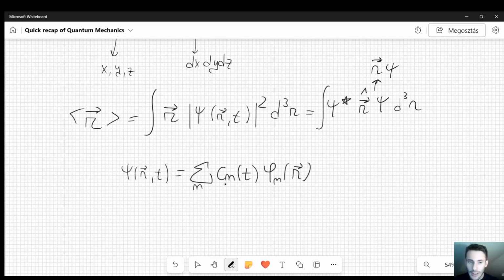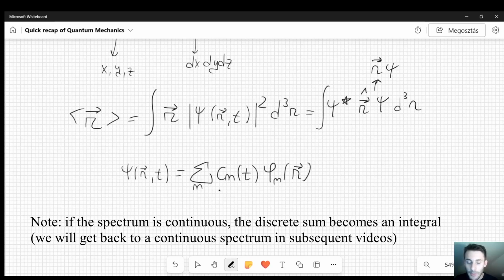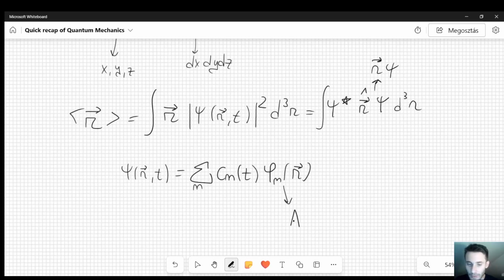So you can see that the dependence upon t and r is separated when we do this expansion. Phi sub n, for example, is an eigenfunction of a certain operator A. If I apply the operator to phi sub n of r, I obtain a scalar a sub n times phi sub n of r.